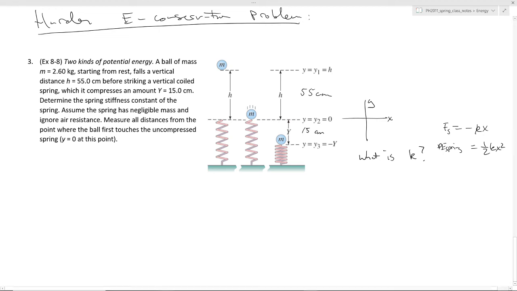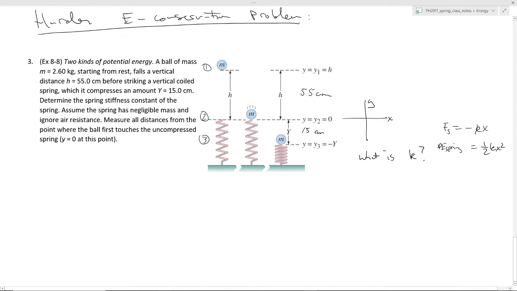Let's break it down basically into 3 steps, so you can just kind of see the whole picture, and then we can connect from 1 to 3.